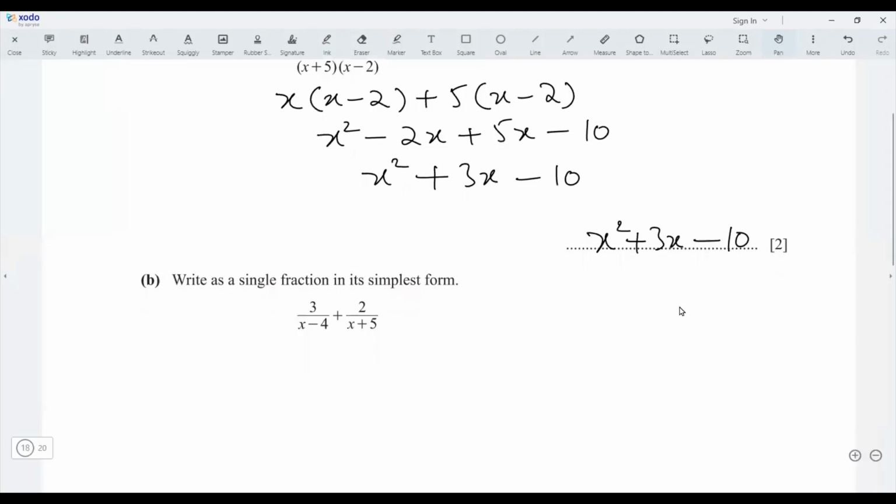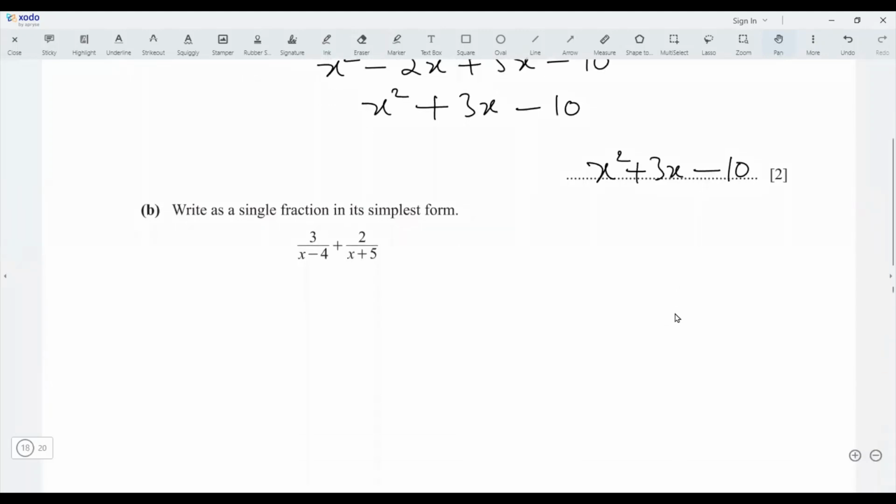So in the next question, we have to simplify both of the algebraic fractions into a single fraction in its simplest form. So x minus 4 and x plus 4 both are different terms. So actually what we have to do is multiply and divide with x plus 5 the first fraction, and x minus 4 the second fraction.